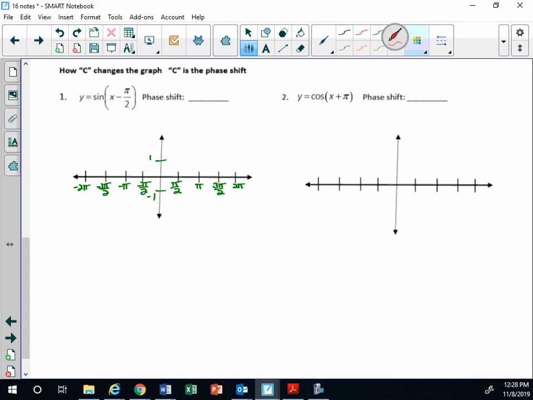Okay, so this is a sine graph. So I need to start by plotting just my parent graph of sine dots.